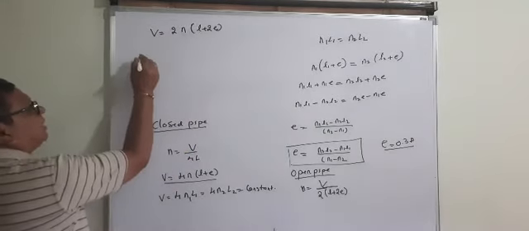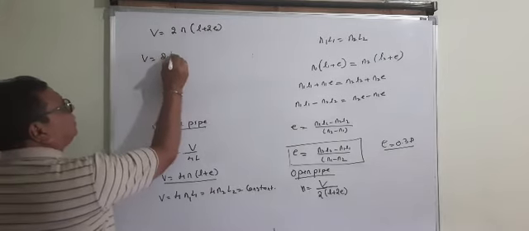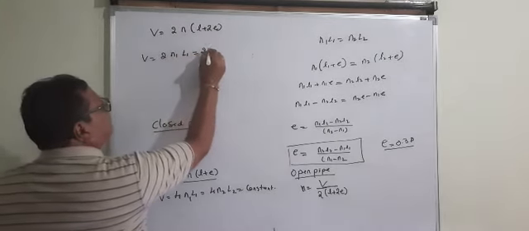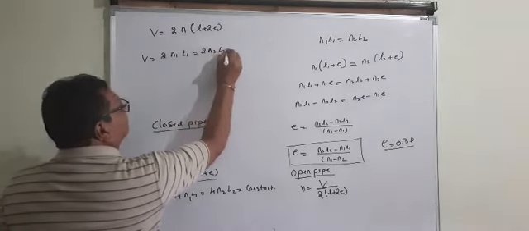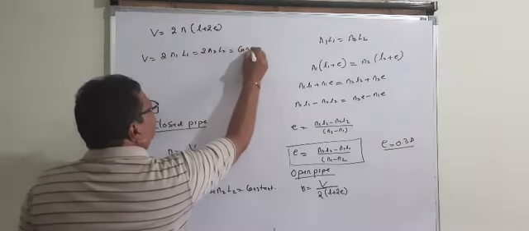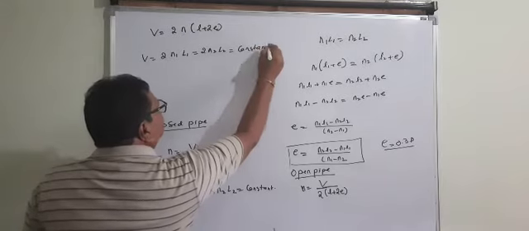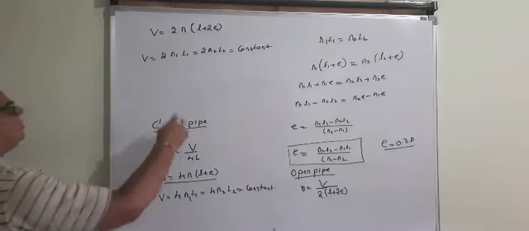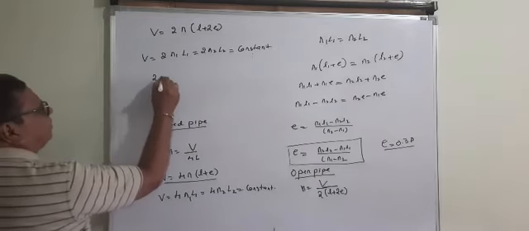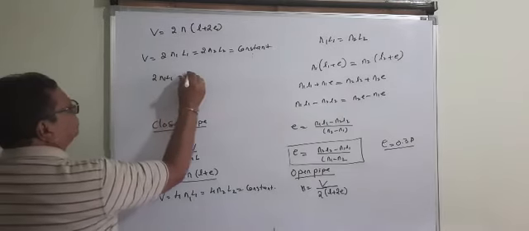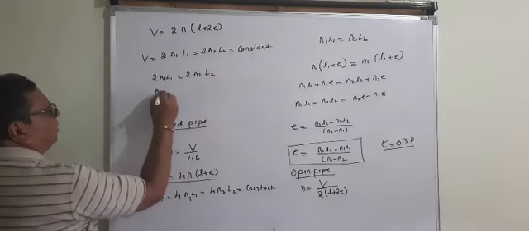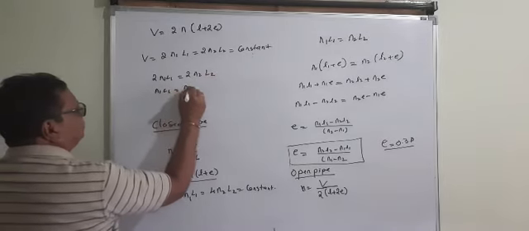That means we can write V is equal to 2N1 L1, which is equal to 2N2 L2, which is equal to constant. Or if you simplify, we get N1 L1 is equal to N2 L2.